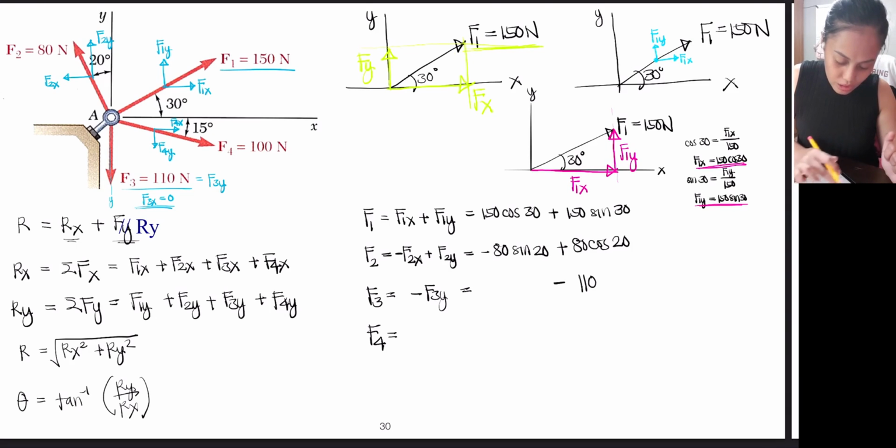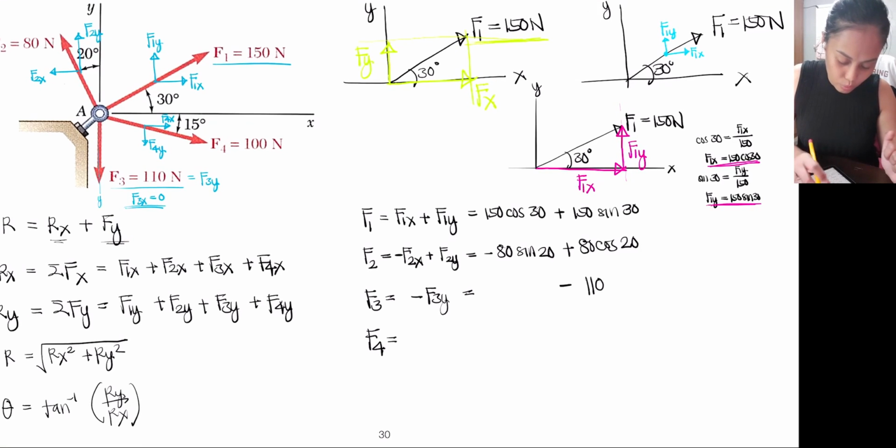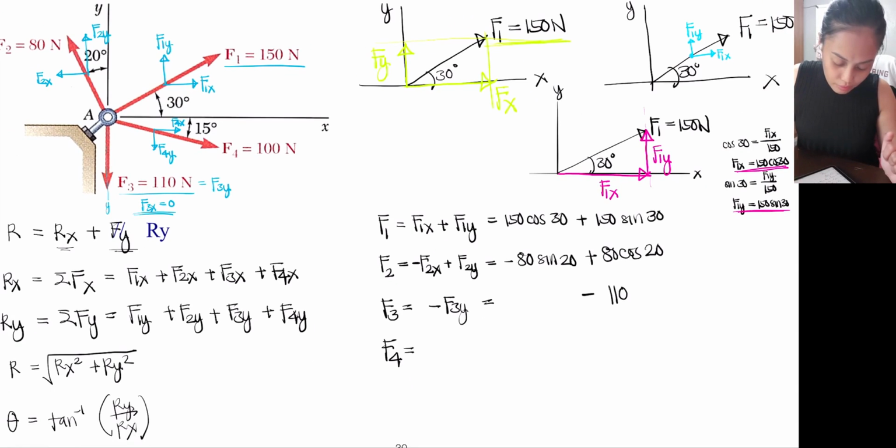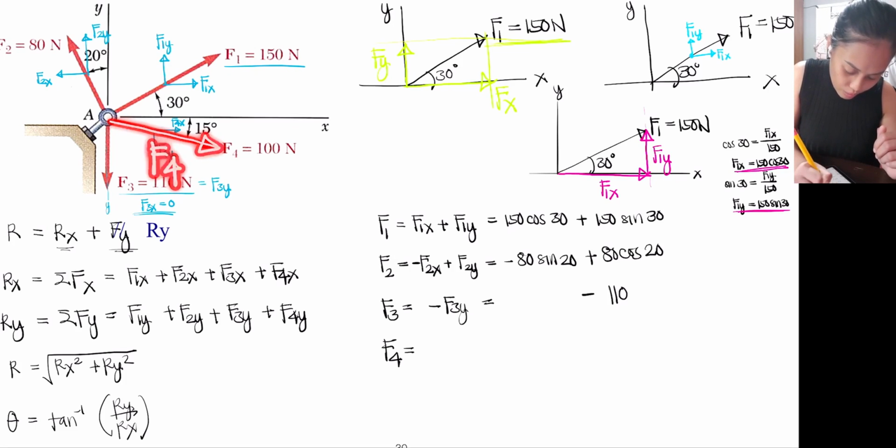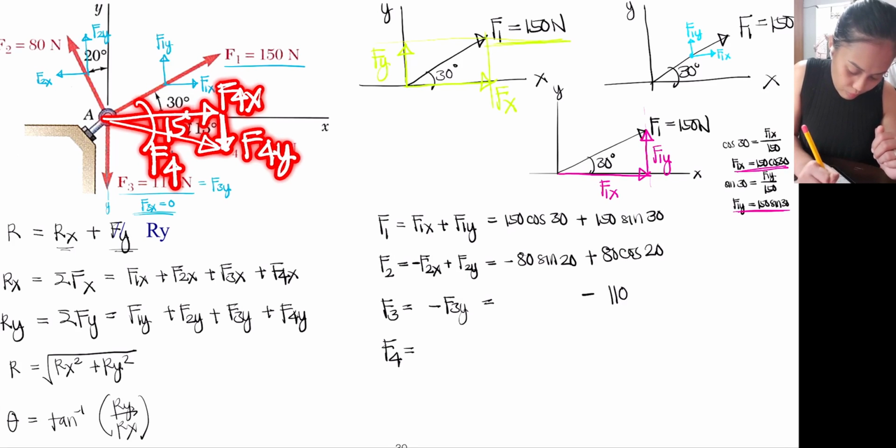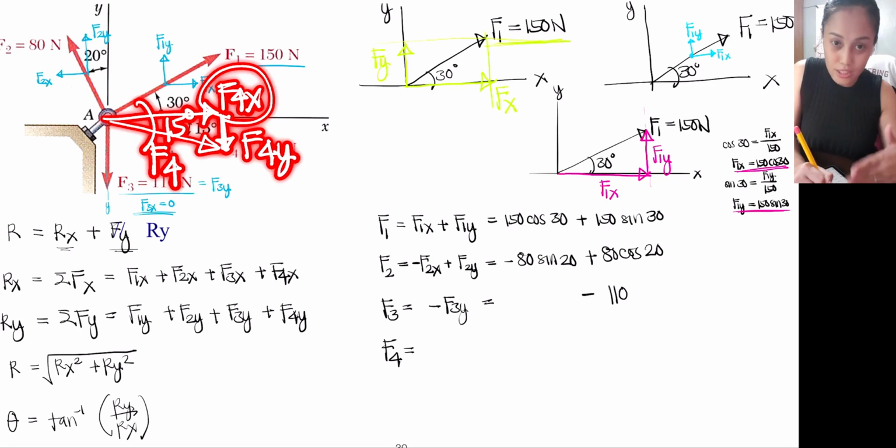Tapos, last force, which is F4. Ang F4, naa siya sa fourth quadrant, where x is positive, y is negative. So, F4x, F4y, angle 15 degrees. Ang x component, adjacent side, so cosine atong gamiton.